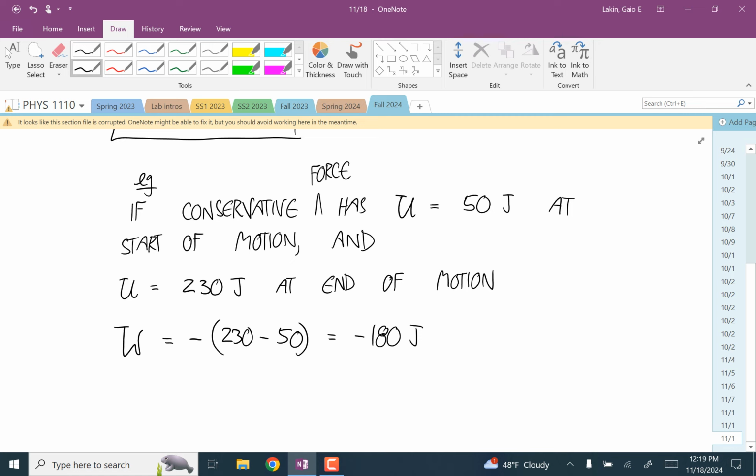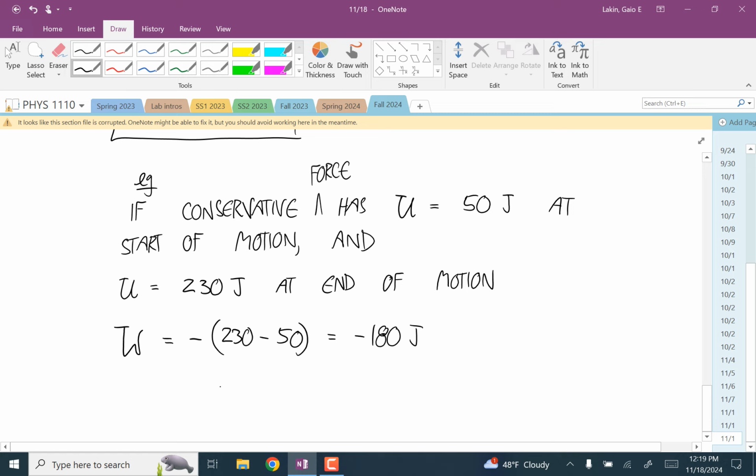And maybe you can also have an idea of how the definition of conservative force lets us do this simple calculation, because if the conservative force only depends on the location of the object, it doesn't depend on the path the object takes, then maybe all you care about is what's happening at the beginning and the end, and you don't care about the in-between stuff.